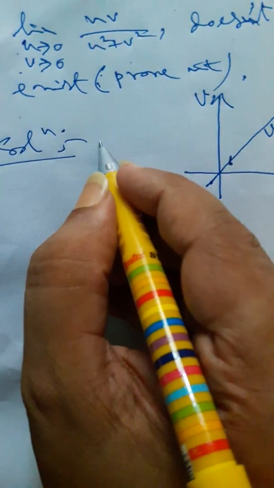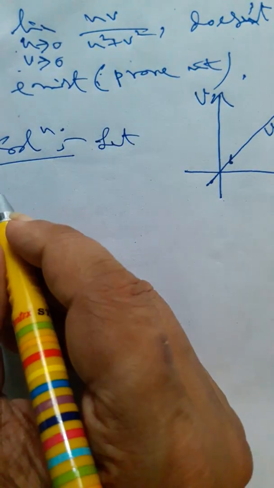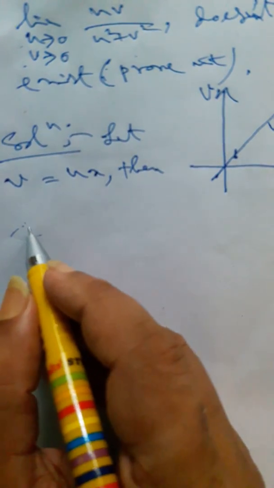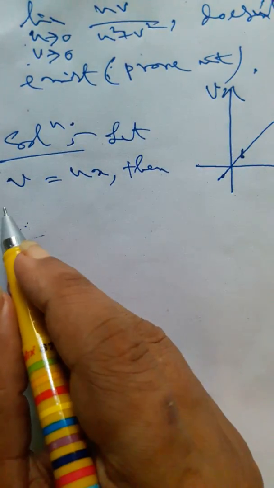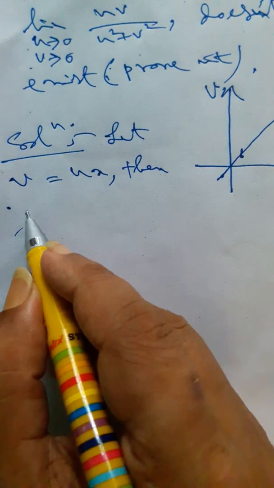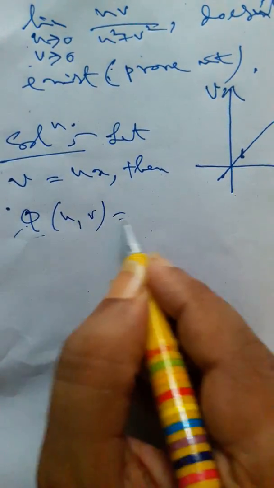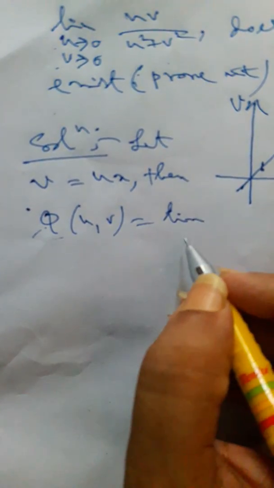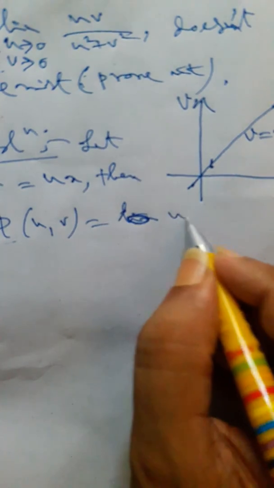Solution: let v equals mu. Suppose we take the function phi of (u, v) equal to uv by (u square plus v square).